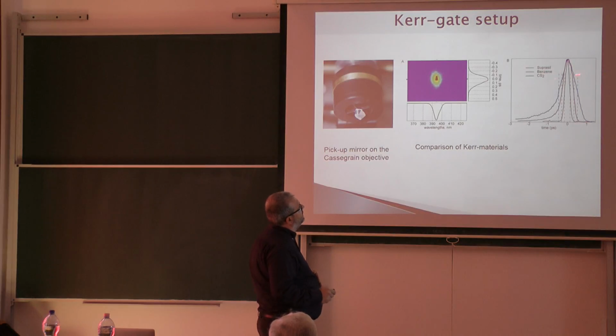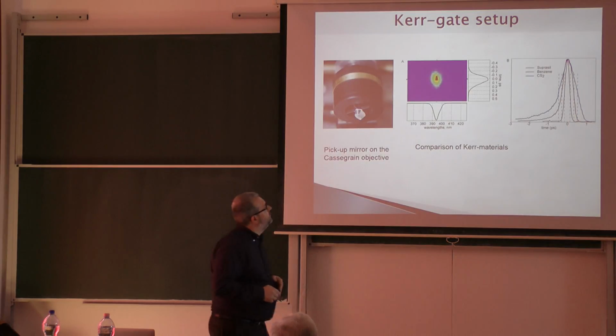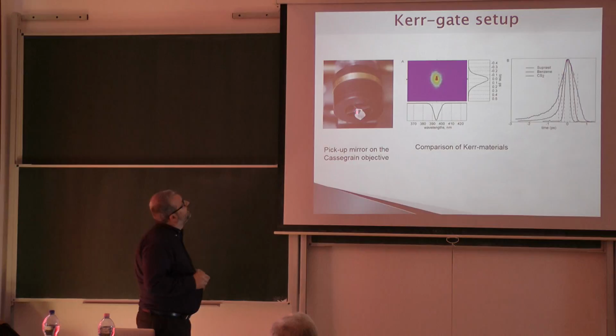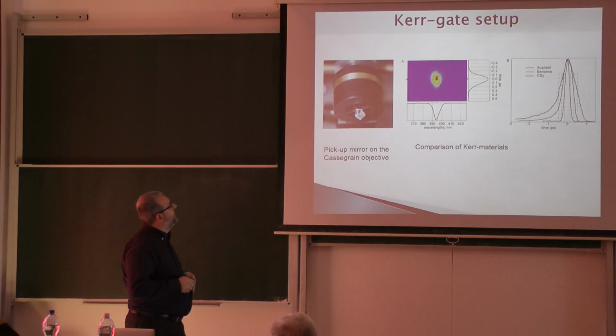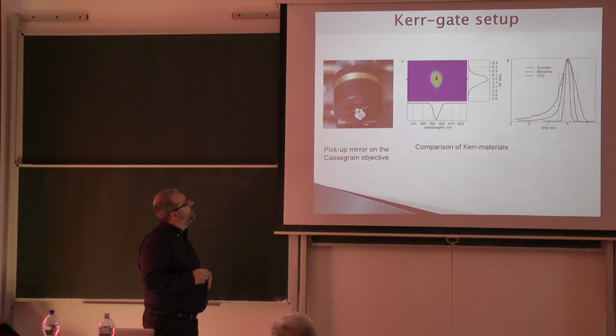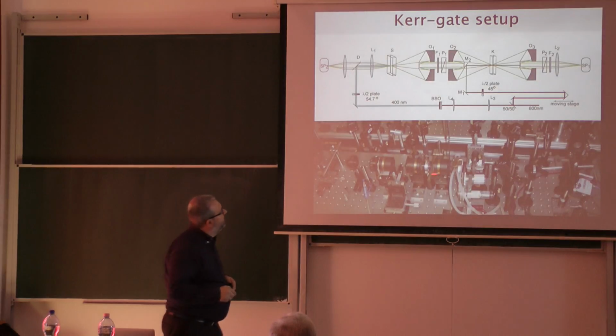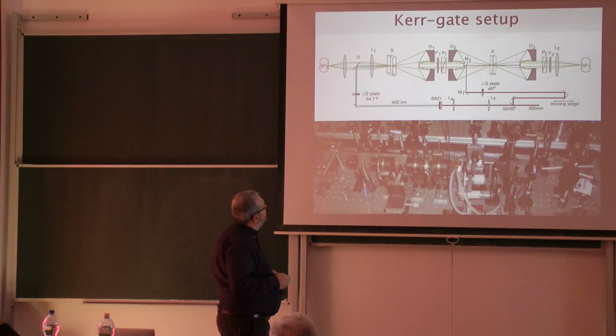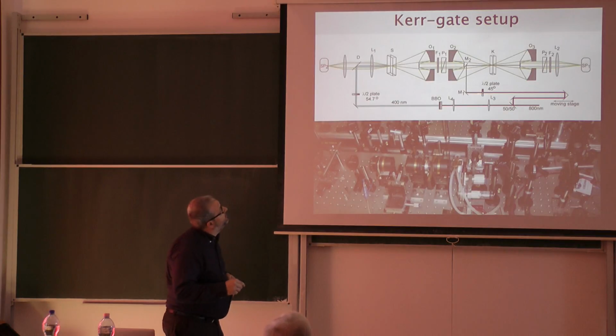We have the Suprasil, and this is the shortest one, and we have the benzene and the CS2. And this is just a close picture of the Cassegrain objective, and this was the pickup mirror. Here we have this pickup mirror, which picks up the red light, which is coming from this way.